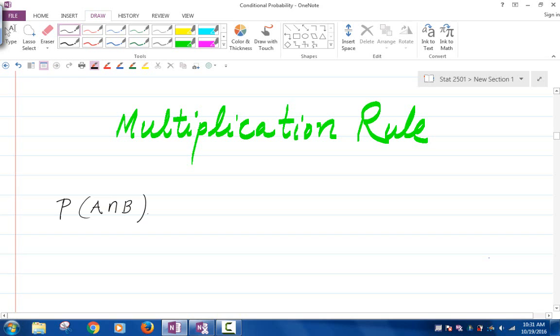A intersect B means what? It's the probability that both A and B occur, right? It's the probability that both events occur. So the probability that both occur is the same as the probability of A given B multiplied by the probability of B.